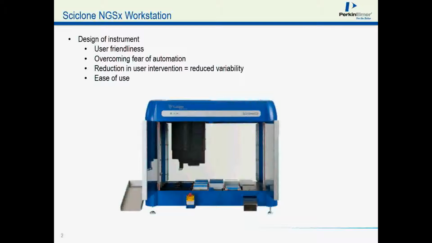The great part about that feature is that, as you go forward, your deck would never be obsolete. All the decks for each one of the Sciclones that we sell and have distributed throughout the world have the same exact deck. Just the chemistry may be modified, whether somebody uses an Illumina chemistry or an Agilent chemistry.